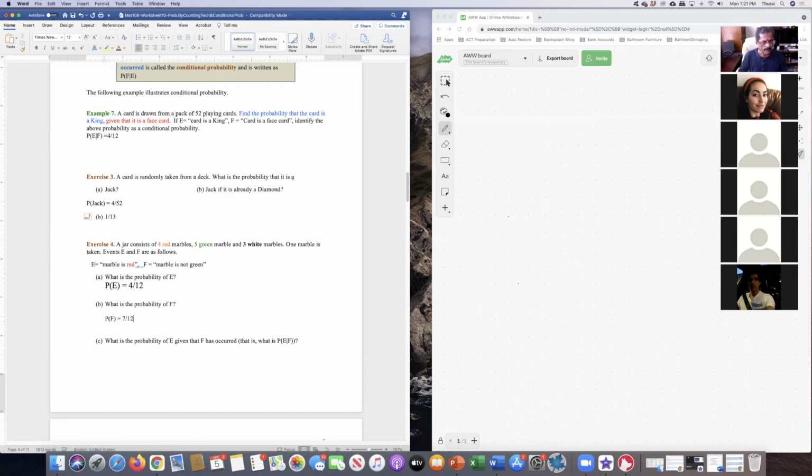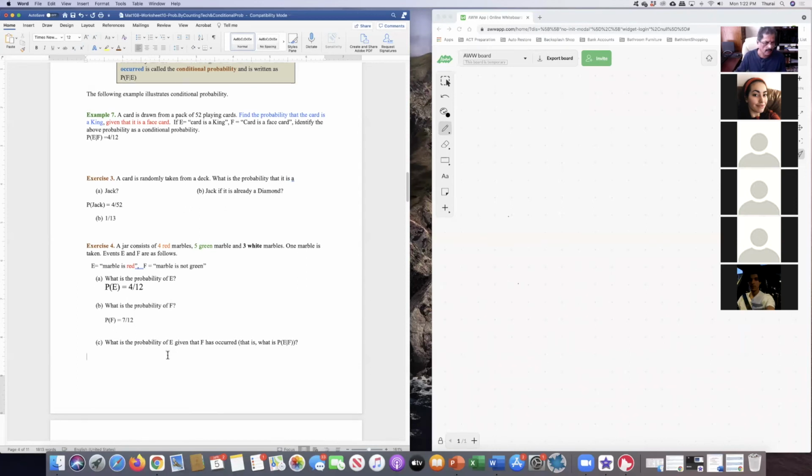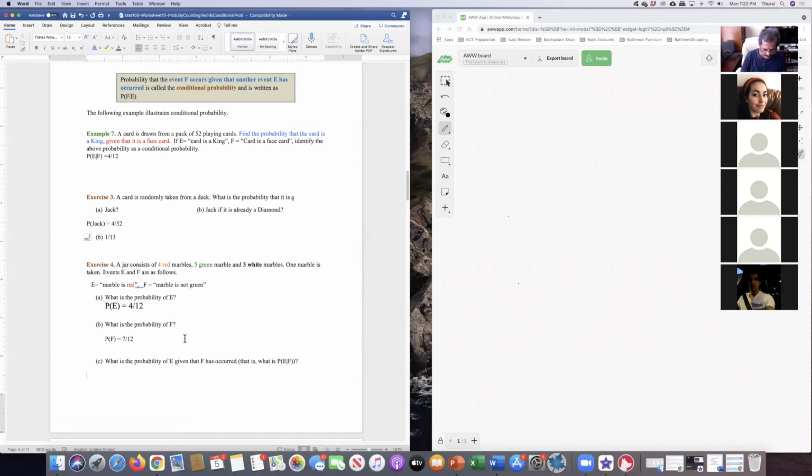Very good. Now it says, what is the probability of E given F? The probability of E given that F has occurred. So now it's conditional probability. E given F. That means I have taken the marble and I already know it is not green. Then what is the probability that it is red?